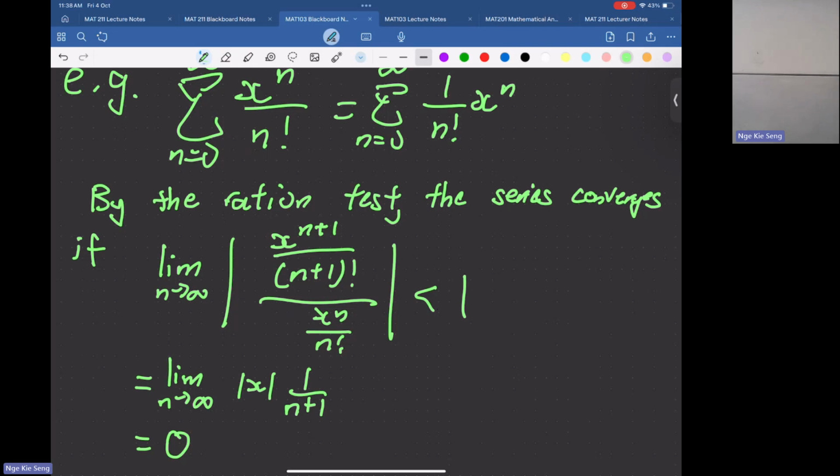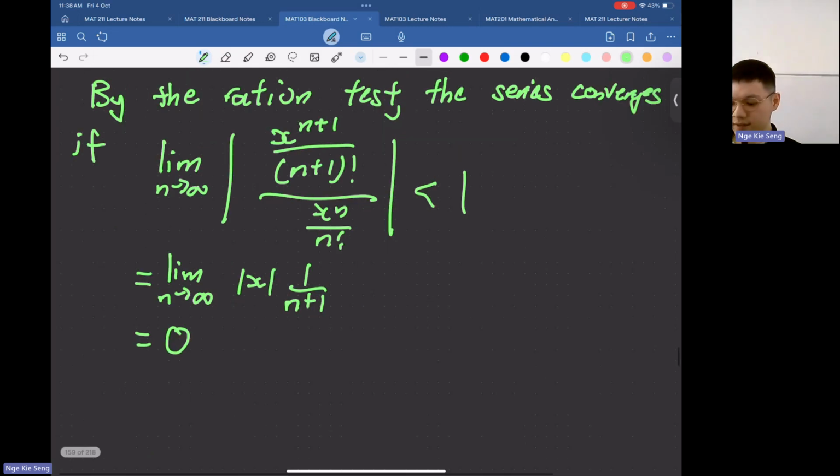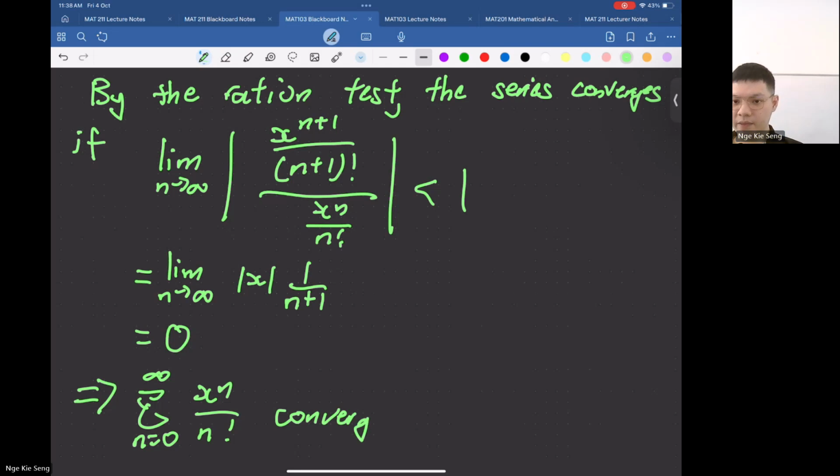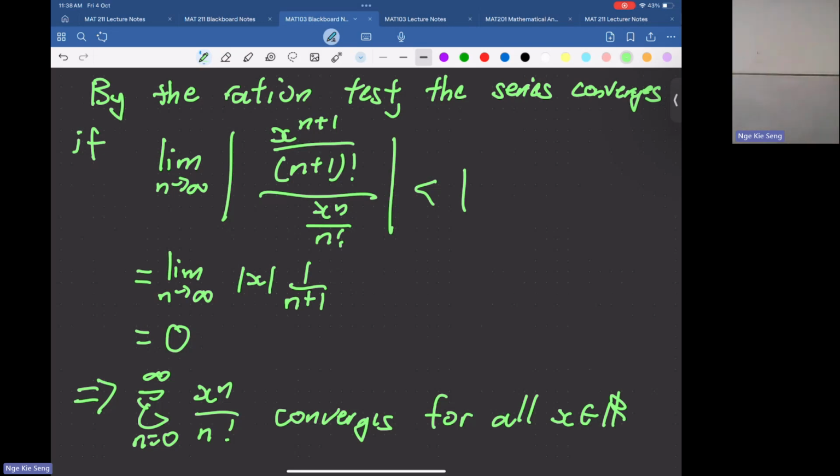This implies that the series sum of x to the n over n factorial converges for all x in R, because no matter what x you put in here, the left-hand side limit is always 0, and 0 is always less than 1. So by the ratio test, your series converges.